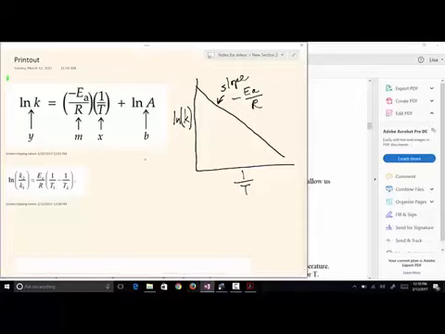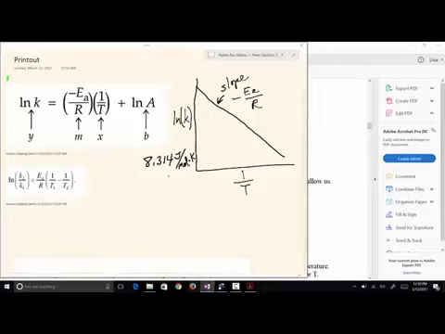Now, this R is the energy version of R. So this R is our 8.314 value, and that is, I believe, joules per mole Kelvin.